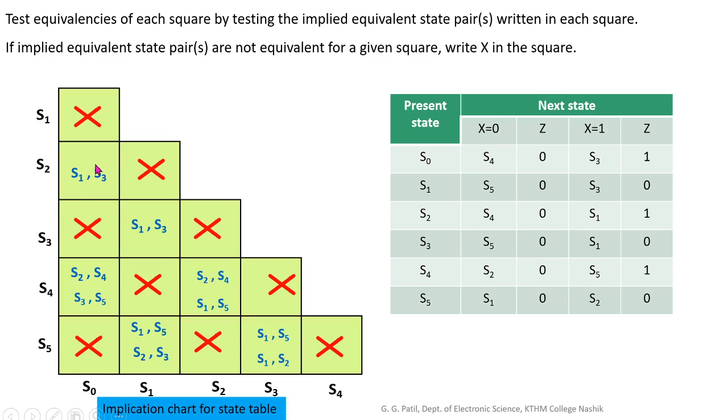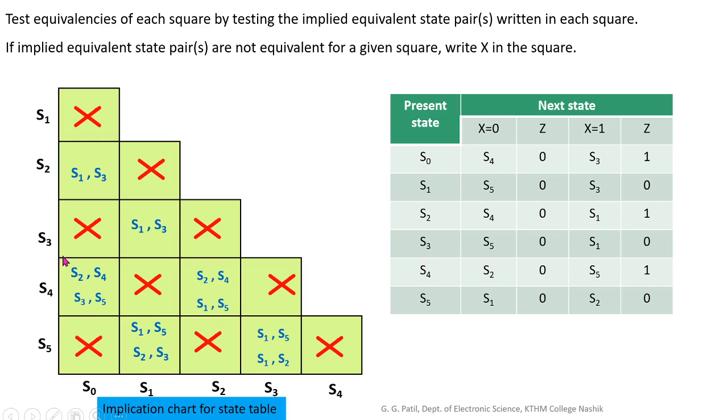S0 is equivalent to S2 here if and only if S1 is equivalent to S3, and if we check this state square S1 S3, it depends on state pair S1 S3 itself. So it is equivalent to itself.